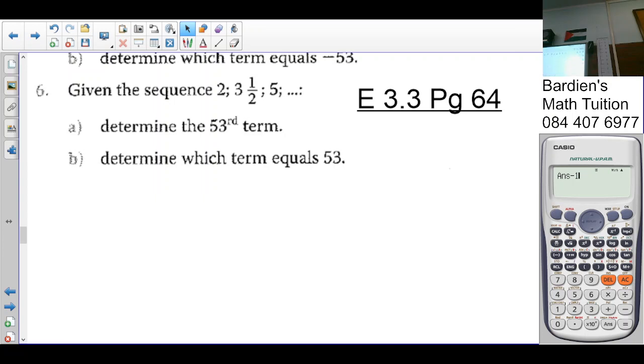Let's look at what 3.4 has in store for us. The variety of number patterns. So in 3.4, let's choose a couple of sums here. This basically brings us to the end of number patterns. That's why I say at least you can score in this section of work. So it's simple.